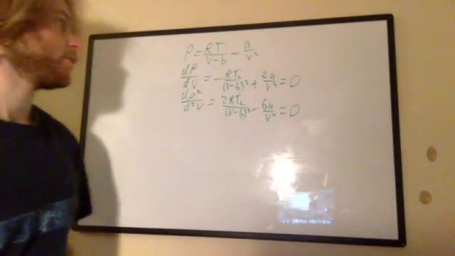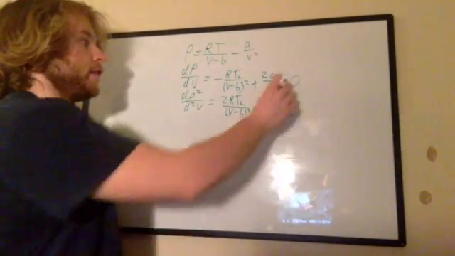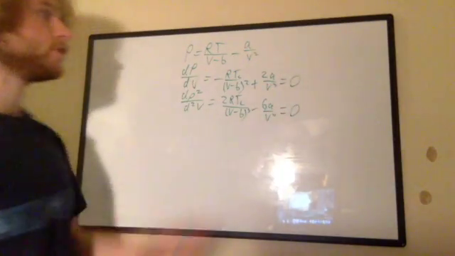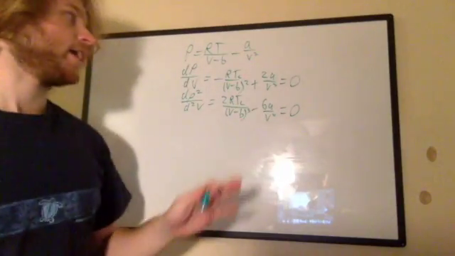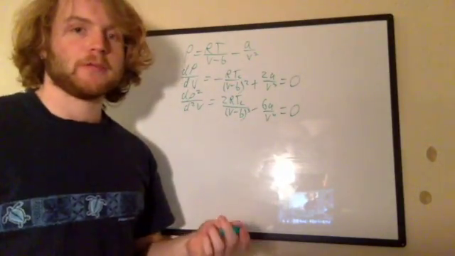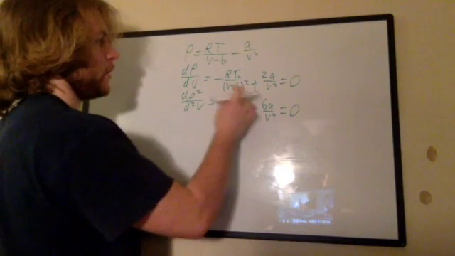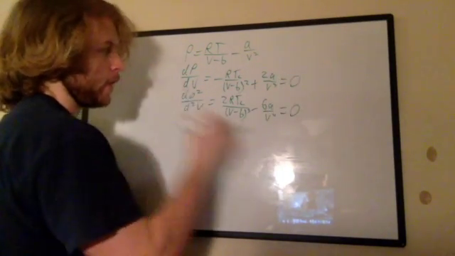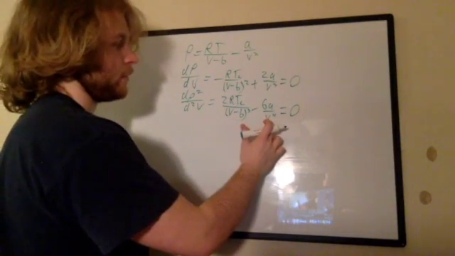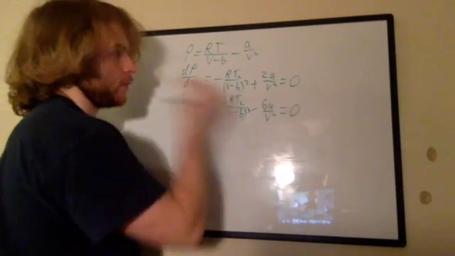Alright, so the first thing we're going to do before we divide the first derivative by the second derivative is we're going to go ahead and rewrite these equations just so they're easier to look at and so we decrease our likelihood of making a mistake, alright? So we're going to go ahead and add this one over to the other side for this equation, and we're going to add this 6a over v cubed onto the other side for this equation, alright?